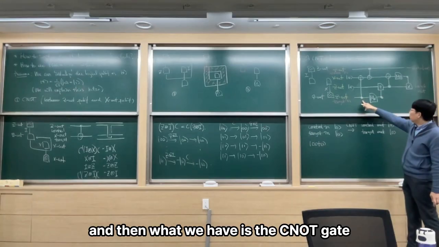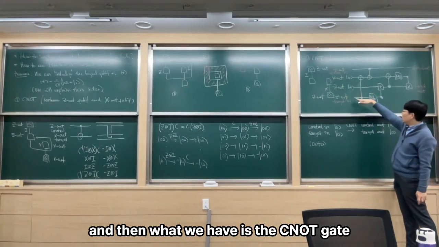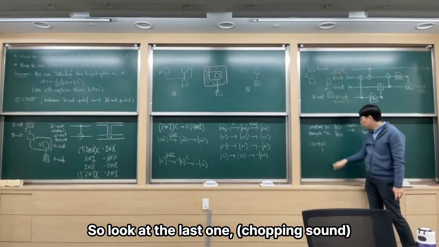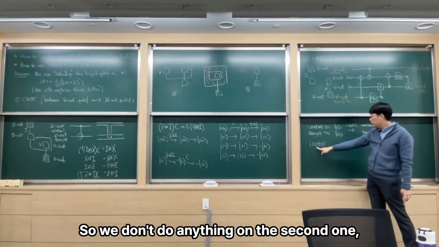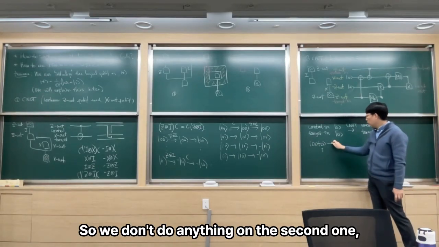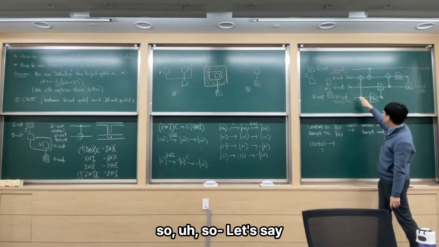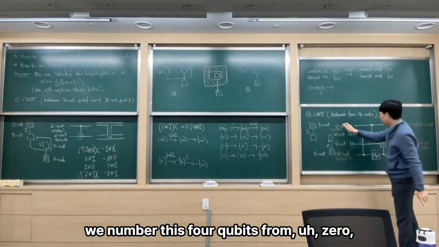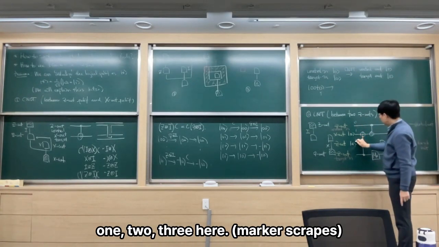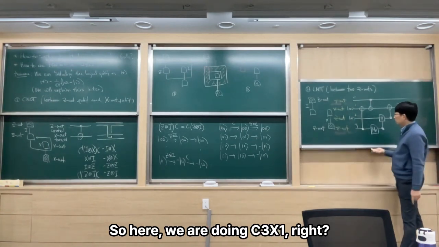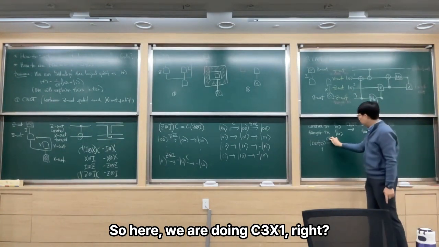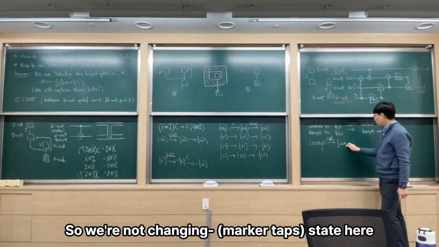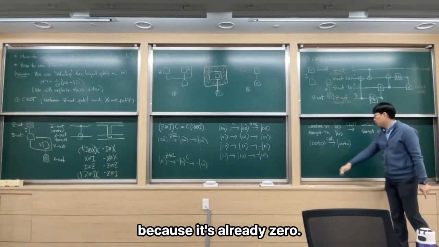Then we have the CNOT gate between the last one and the second one here. Look at the last one, 0, so we don't do anything on the second one. Let's say we number these 4 qubits 0, 1, 2, 3, so here we are doing C3X1. We're not changing any state here because it's already 0.